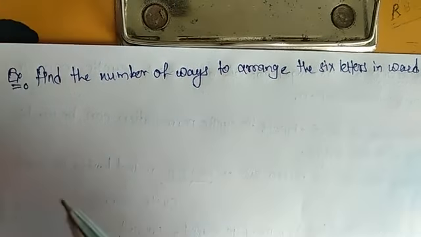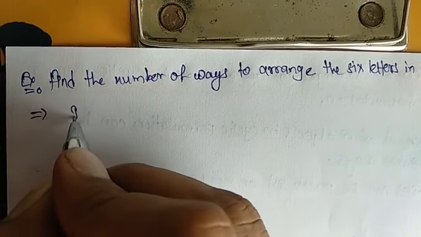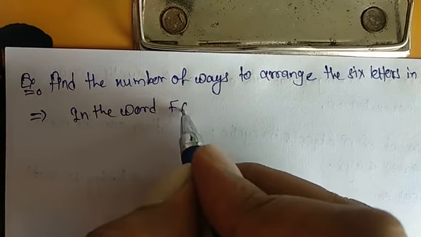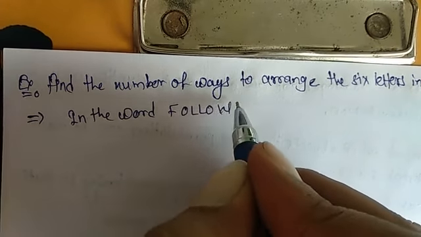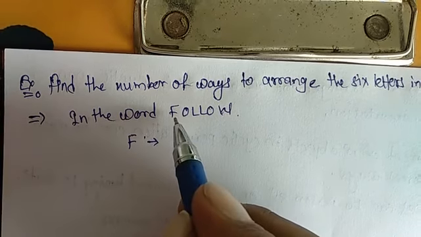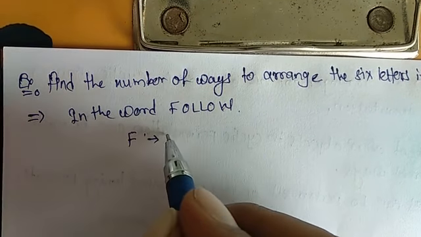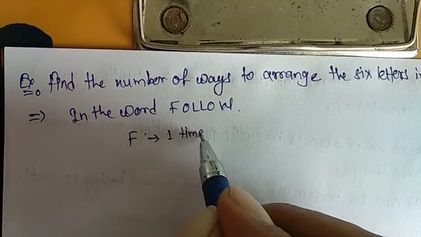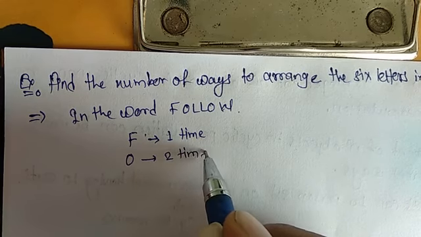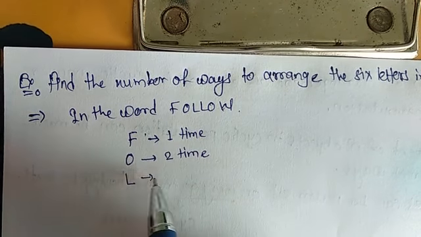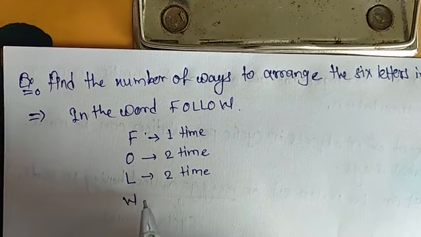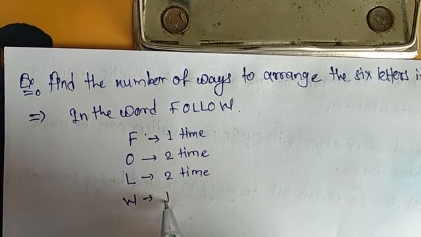In the word FOLLOW, F is repeated one time only, O is repeated 2 times, L is 2 times, and the next letter W is again 1 time.